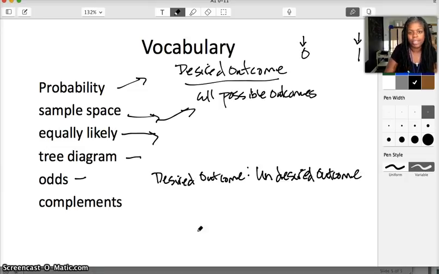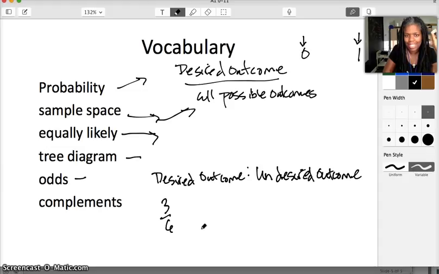Complements. Complements really relates to the concept of odds. Let me give you an example. If I have my die again, I know that the probability of getting an even number, 2, 4, and 6, that's 3 out of 6 possibilities, or 1 out of 2.